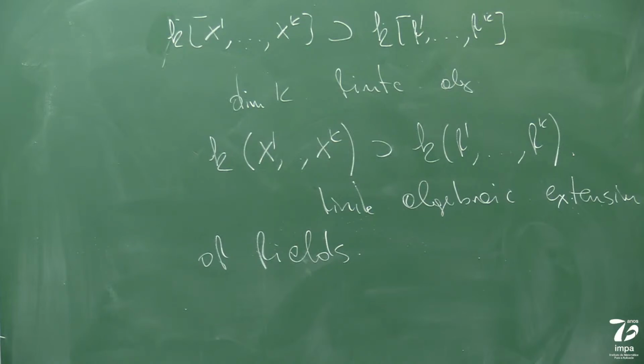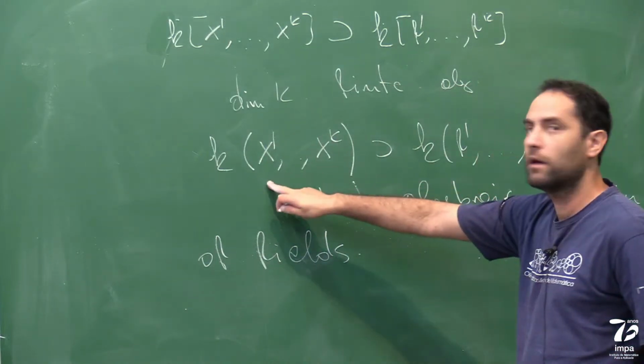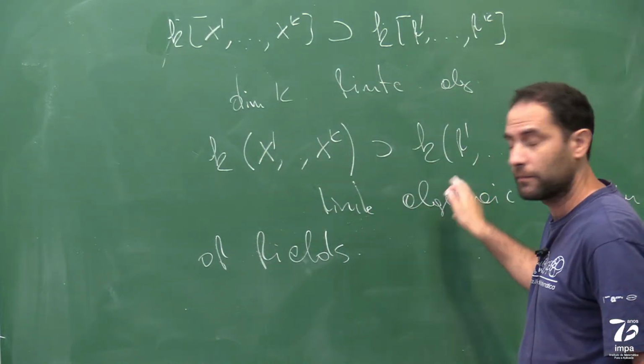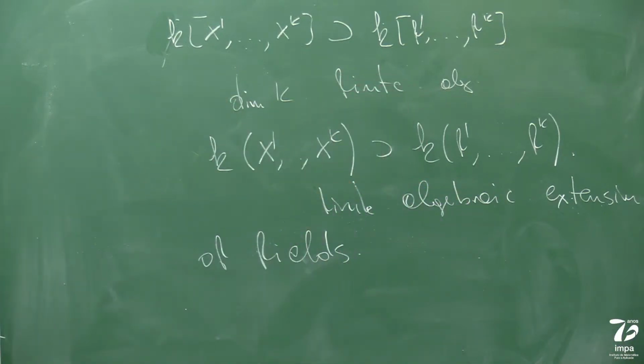So what I claim is that we can look at some polynomial equation satisfied by each one of these xi's.